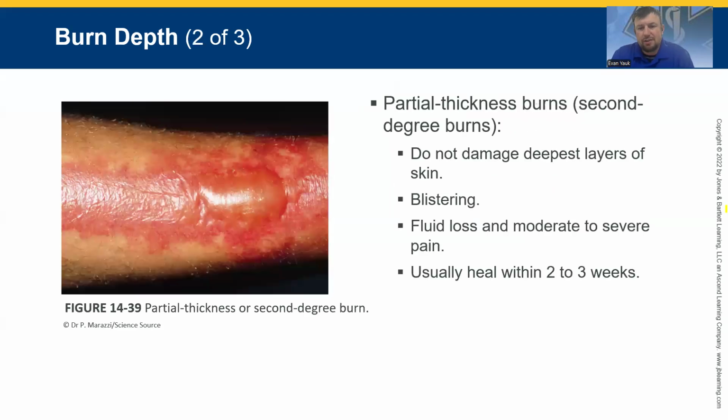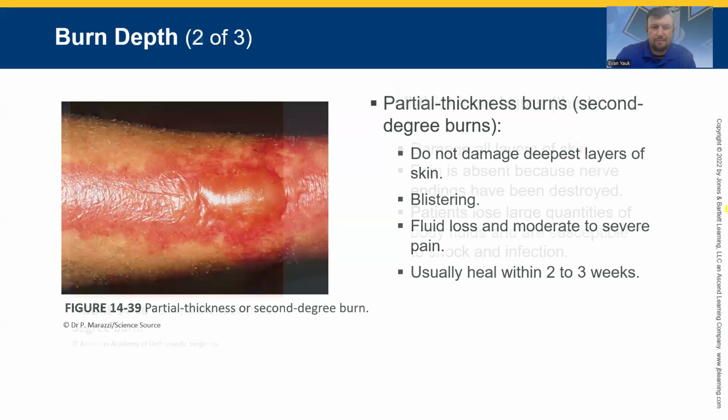Partial thickness burn, this is second degree. Do not damage the deepest layers of the skin. It's going to blister, fluid loss, moderate to severe pain, and will usually heal in 2 to 3 weeks. This can be touching a stove, touching the barbecue grill for a second, or a severe sunburn that gets bad enough that it blisters.